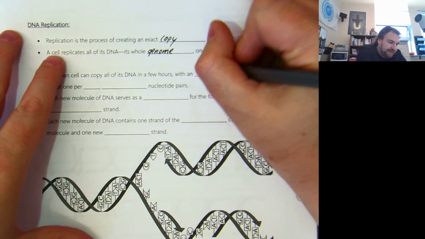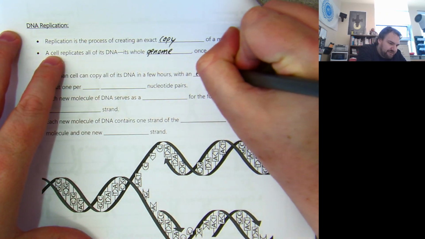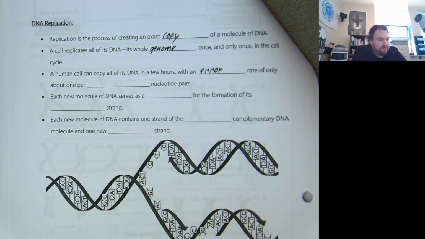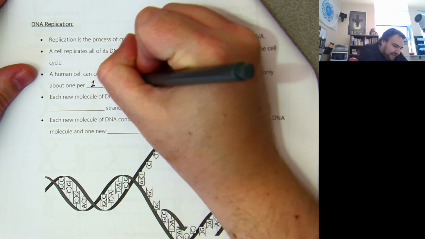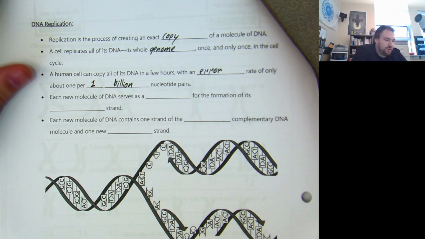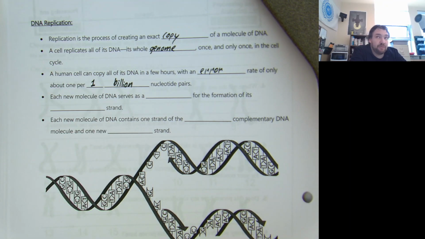With an error rate, this blank here is for errors, of only one mistake per 1 billion nucleotide pairs. That's pretty impressive.